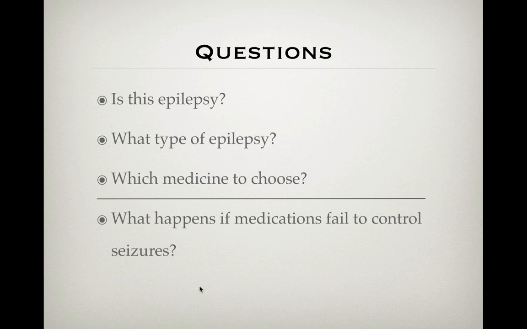If it is epilepsy, we need to know what type of epilepsy it is, and that is very important because of treatment options. And again, if it is epilepsy, which medications, out of the 20 plus medications, are going to be best for that type? And then last of all, what happens if medications fail to control the seizures? That's where the remainder of the talk will be, about possible surgical options if medications do fail.